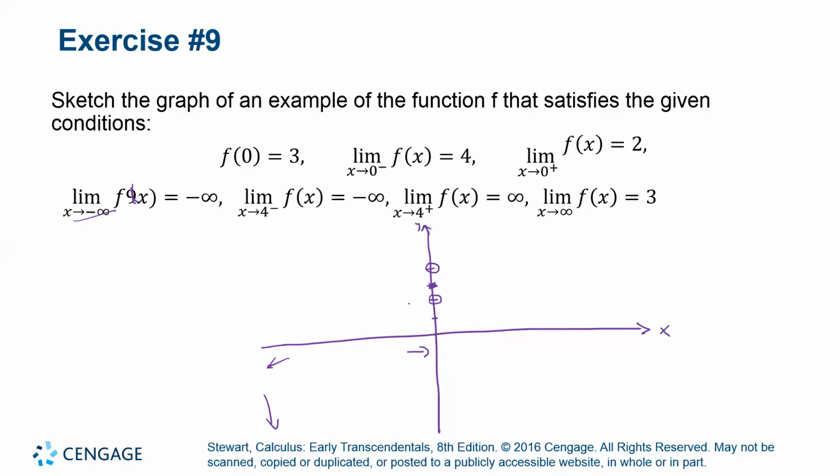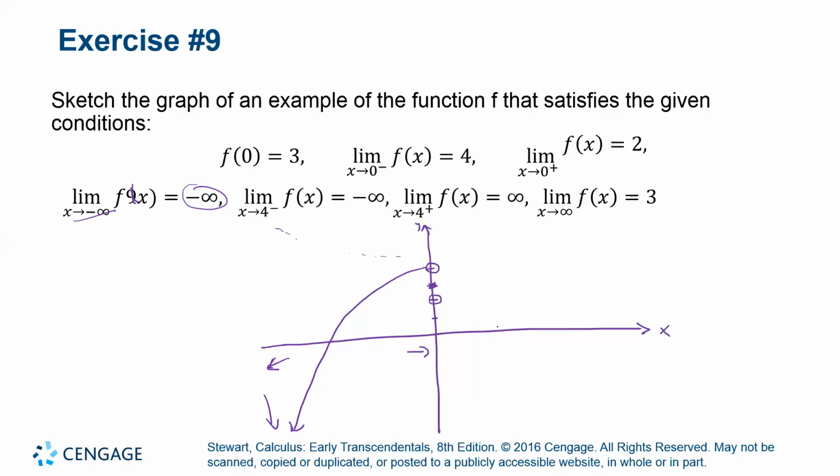It's getting smaller and smaller. So this graph is coming down like that. As x is getting larger negatively, the y value is getting larger negatively. So that's how it goes that way. It doesn't become like that.